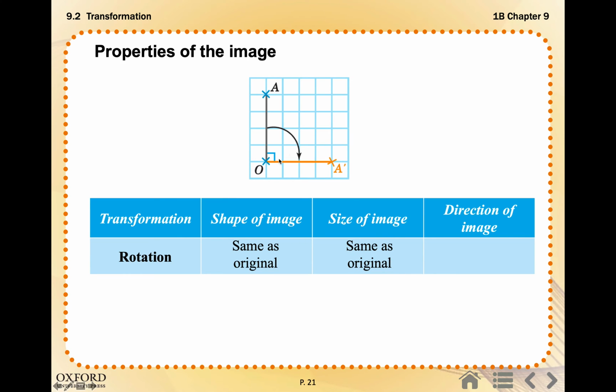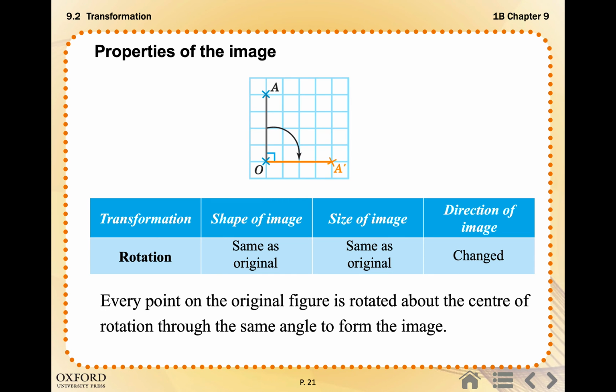Originally you can count the length of OA, that is 1, 2, 3, 4 units, and after the rotation, that means going to the image of A here, you can count this line segment also equals 4 units. That means the size will not be changed. But the direction, you can see that of course it is changed because it is rotated.